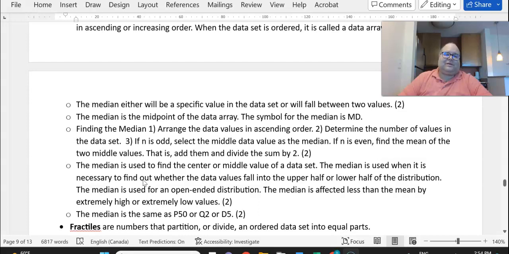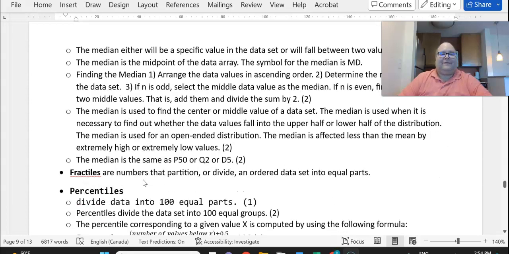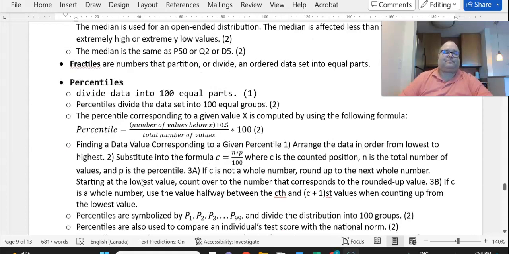This can be associated as part of a series of values called fractiles, which divide or partition an ordered set into equal parts. The percentiles divide the set into 100 equal parts. So the 0th position, our lowest value, has nothing below it.